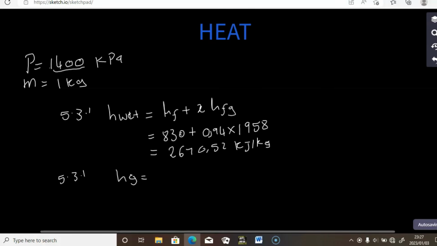And at 1400 kilopascal, the value of hg is equal to 2788 kilojoules per kg.